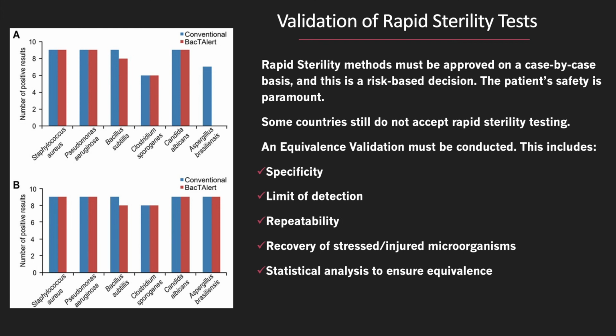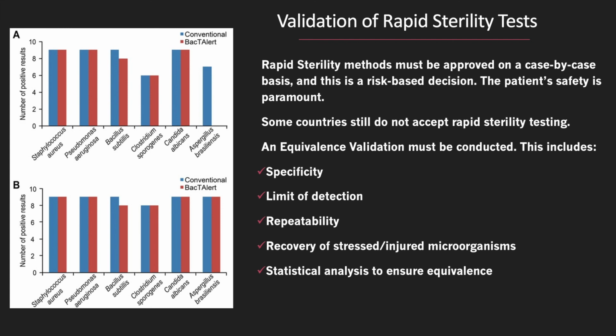So what do you have to validate? Well, you have to test the specificity, your limit of detection, the repeatability of the assay. Interestingly, you have to test for recovery of stressed or injured microorganisms. That's very important. And finally, you have to do a statistical analysis to ensure equivalence between the rapid test and the traditional test. So this image on the left here is just an example of a validation of the BacT Alert. And you can see there is adaptability in the machine.